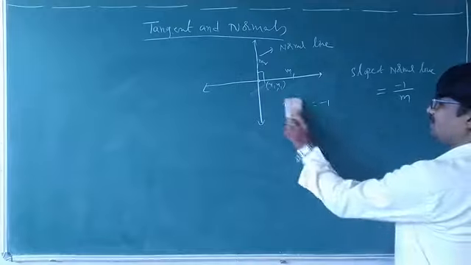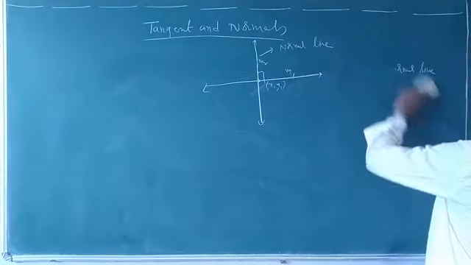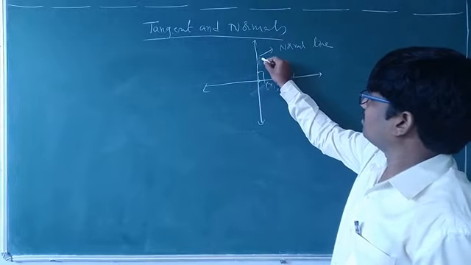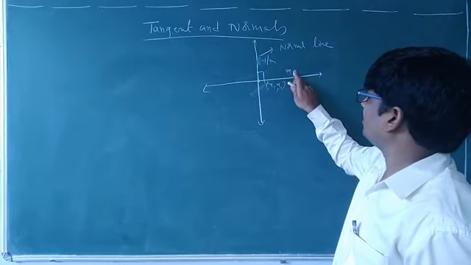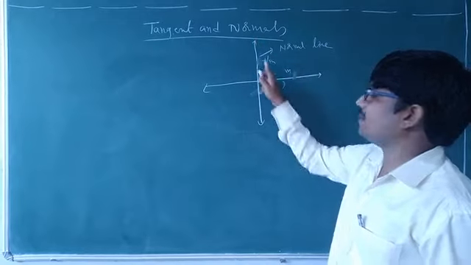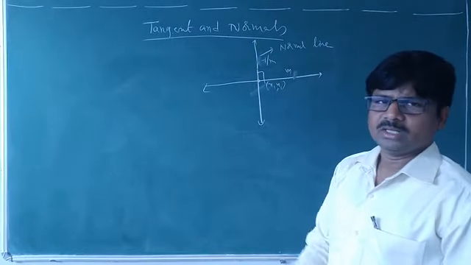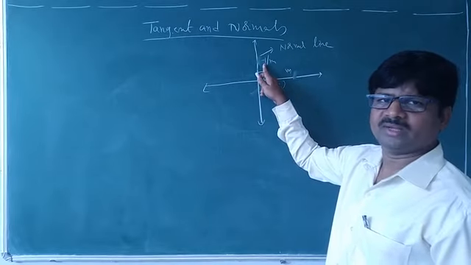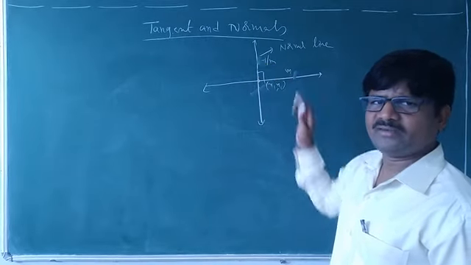The slope of the tangent line is m, and the slope of the normal is minus 1 by m. So what is the equation? To find the equation, a point is required and a slope is required. The point is there, and the slope is also there. Can you find the equation of this normal line?